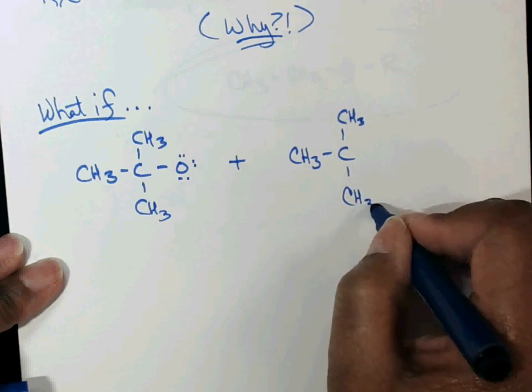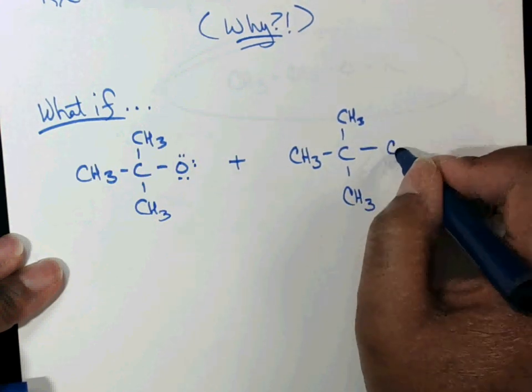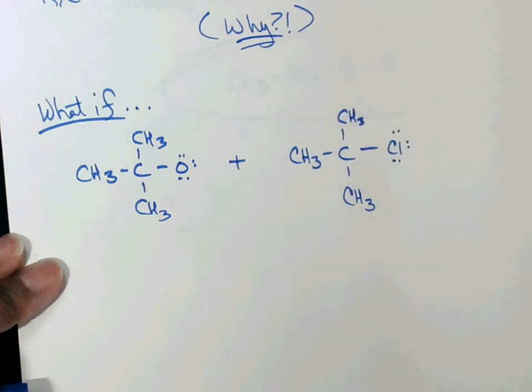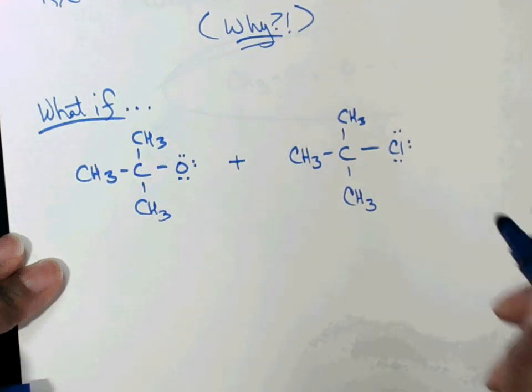Now, I've got two T-butyl groups. Kind of tempting to say that you're going to get a symmetrical ether, isn't it?